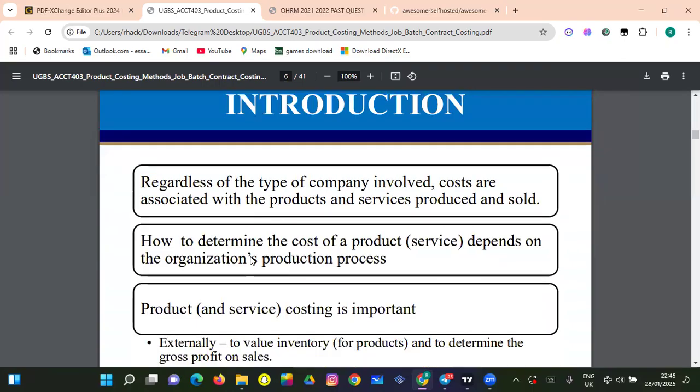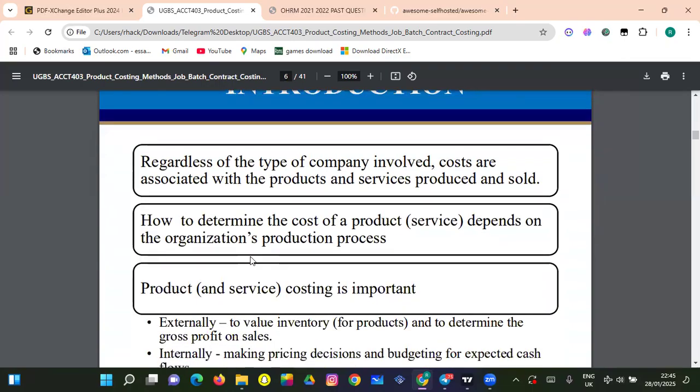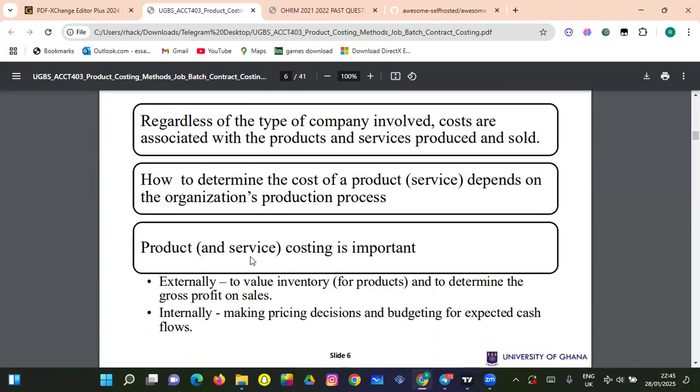So, introduction. Regardless of the type of company involved, costs are associated with the products and services produced and sold. Now, how do we determine the cost of a product? Determining it depends on the organization's production process, right?